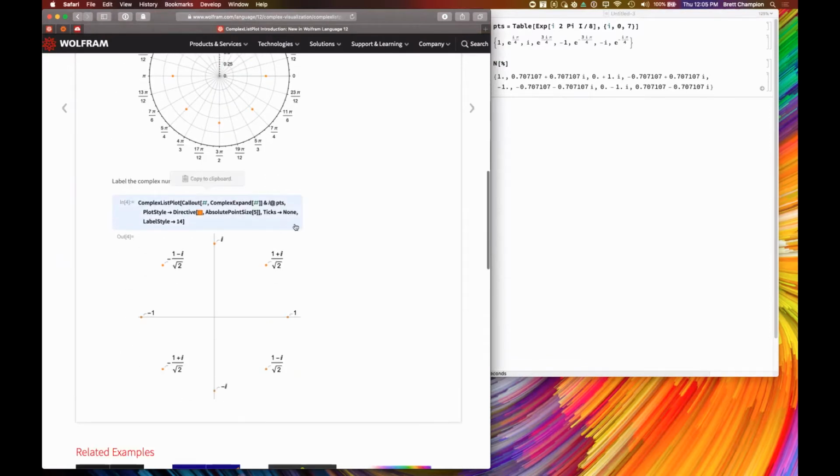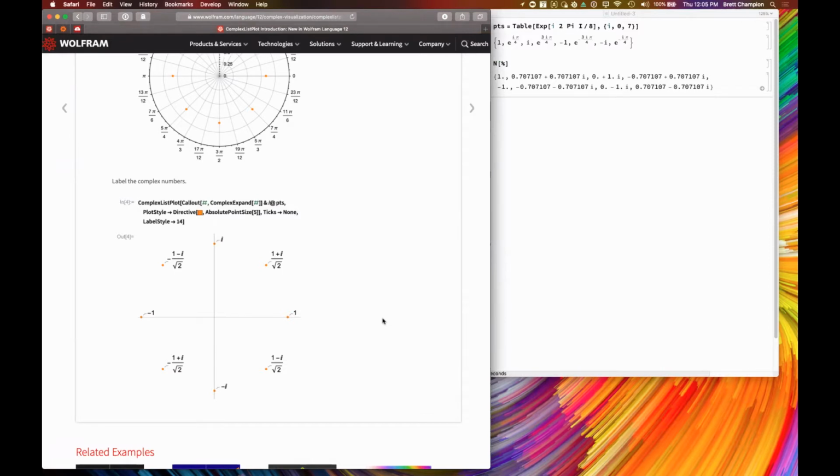And because it's a ListPlot, it inherits all of the normal ListPlot functionality, and we leverage everything in our toolbox for visualizing sets of points. So in this case, we're going to label each of the points with a Callout, so that we can see what each of them is. And so that's useful functionality.